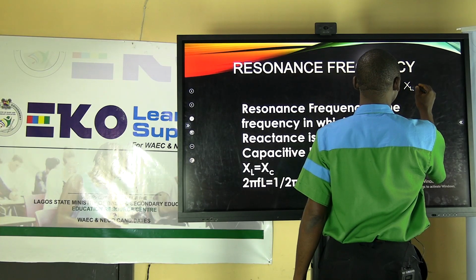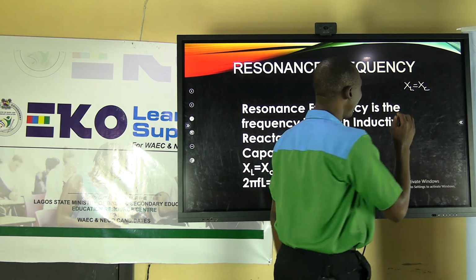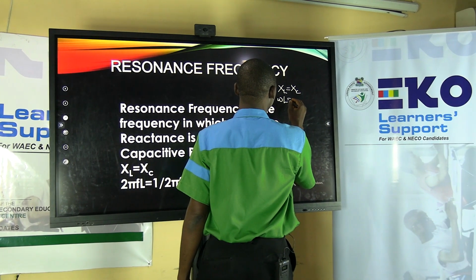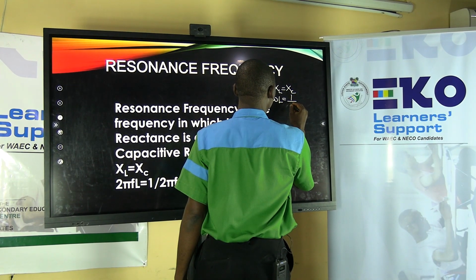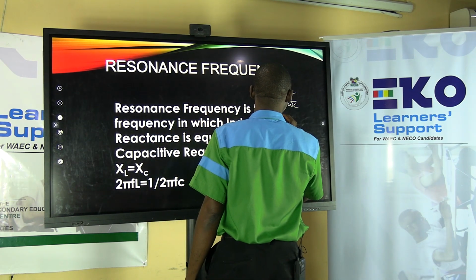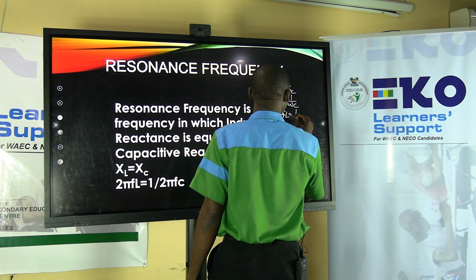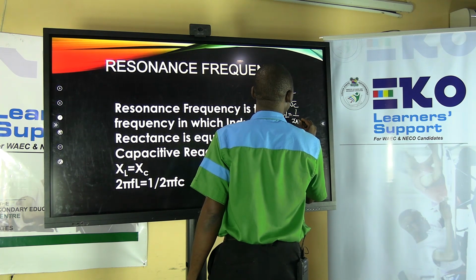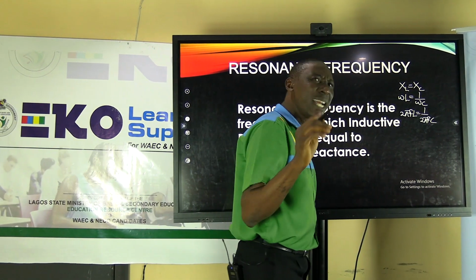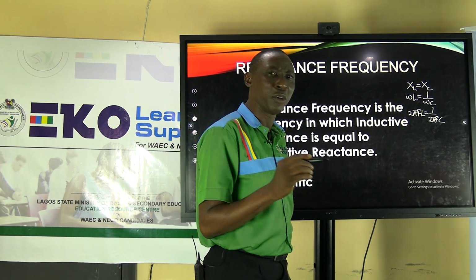X suffix L, inductive reactance, equals capacitive reactance. But our inductive reactance is angular velocity times L, while capacitive reactance is 1 over angular velocity times C. Since angular velocity is 2 pi f, we have 2 pi f L equals 1 over 2 pi f C. Because we want to determine the resonating or resonance frequency, we make f the subject of the formula.